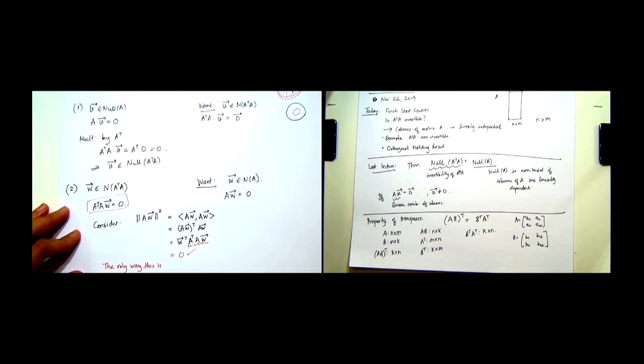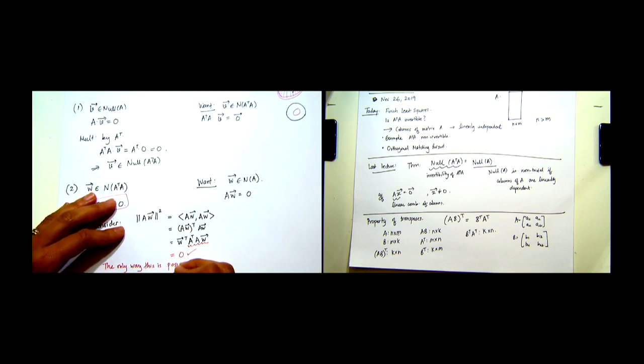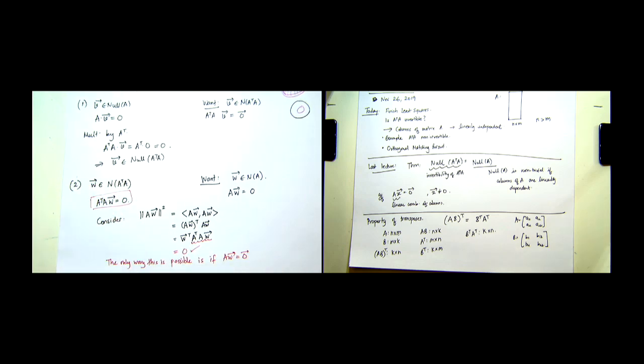The only way this is possible is if AW itself is the 0 vector. And then what this gives us is that, therefore, W must belong to the null space of A.